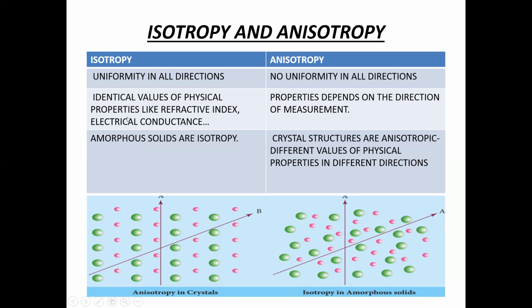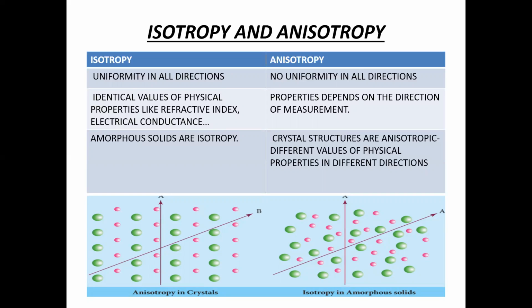Next point, identical values of physical properties like refractive index and electrical conductance. Refractive index relates to the speed of light. First we calculate the speed of light in vacuum, and then compare it with the speed of light passing through the crystal. That is the refractive index.